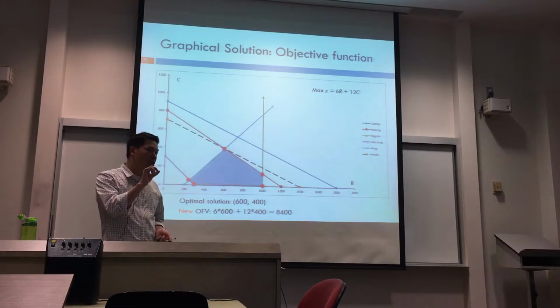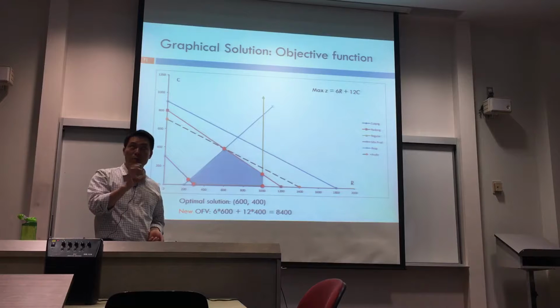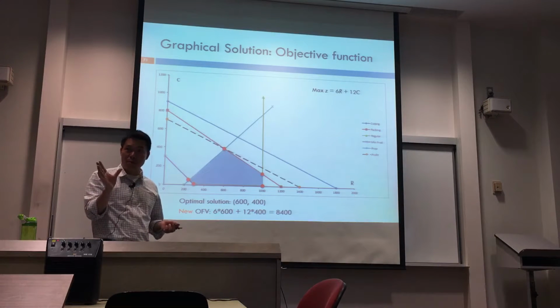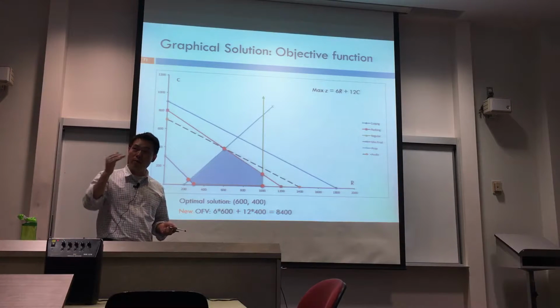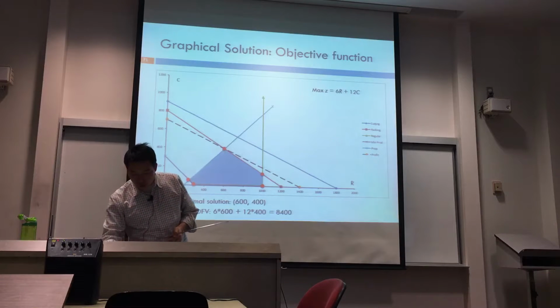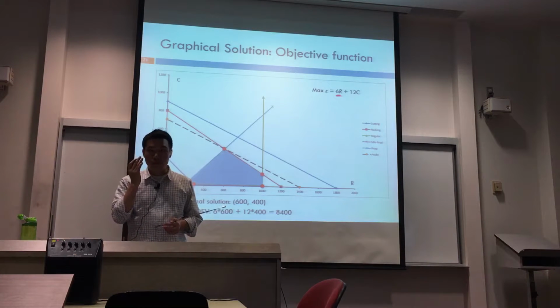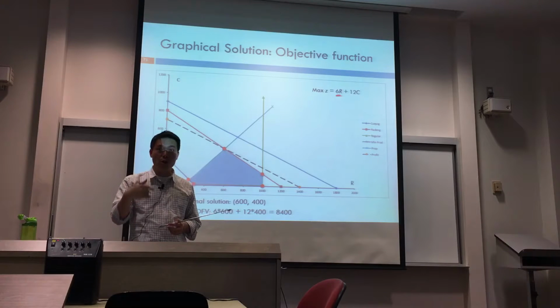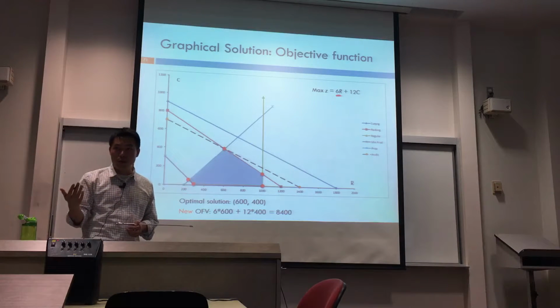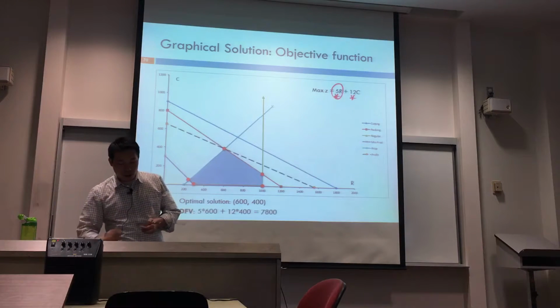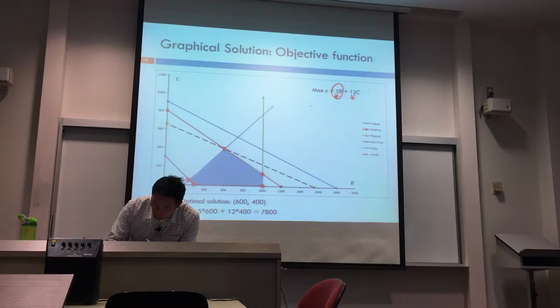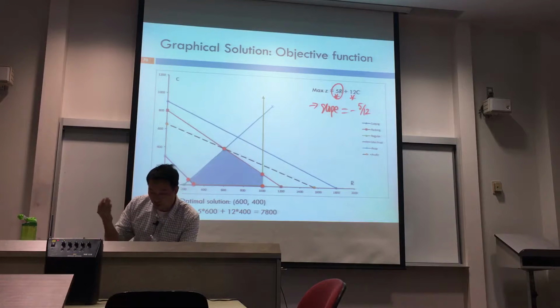So let's try to use the objective function line method, right? So we know that if you change the coefficients here, you are changing the slope. For the original problem, the slope is 5/12.